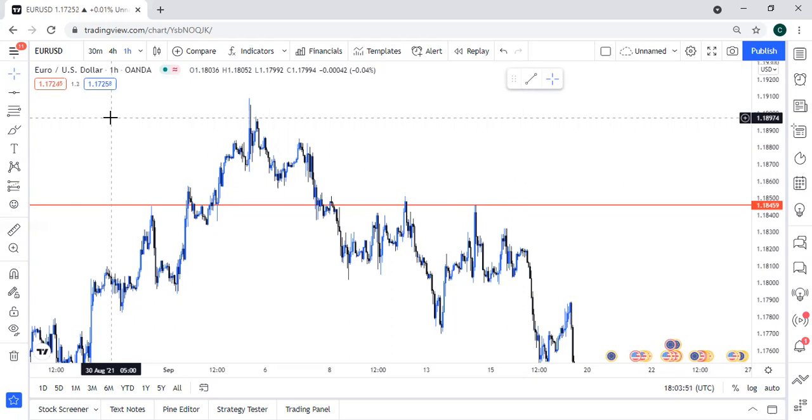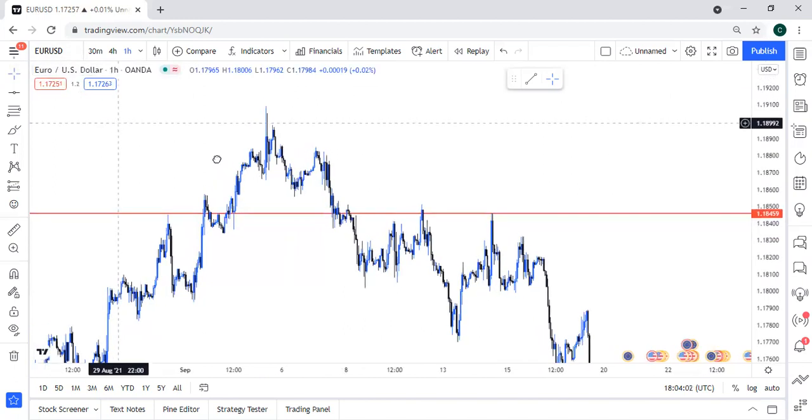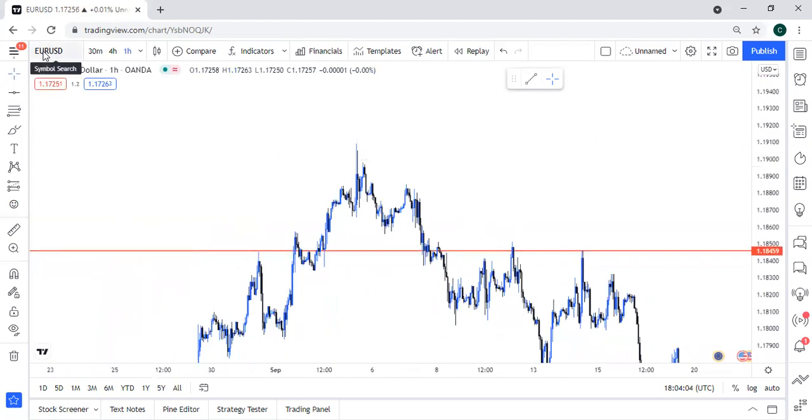Now I'm going to be saying some things. This is the base currency. For instance, you want to buy Euro USD. Euro is the base currency, and USD is the quote currency. What does this mean? Like for instance, this is the price here. It means how much of the USD, the quote currency, you have to hold to purchase one euro.